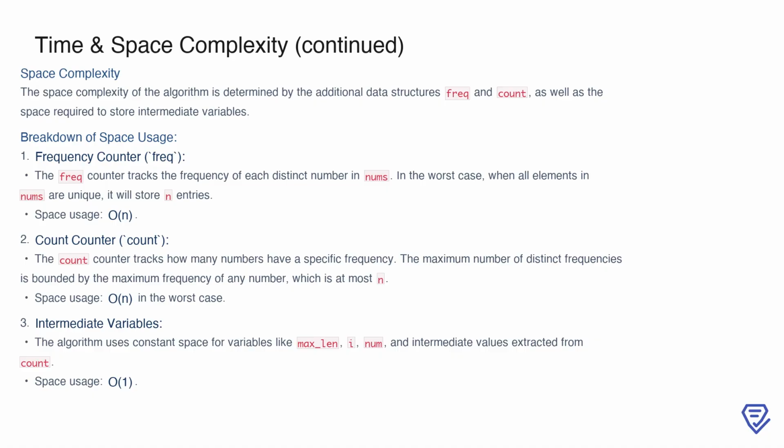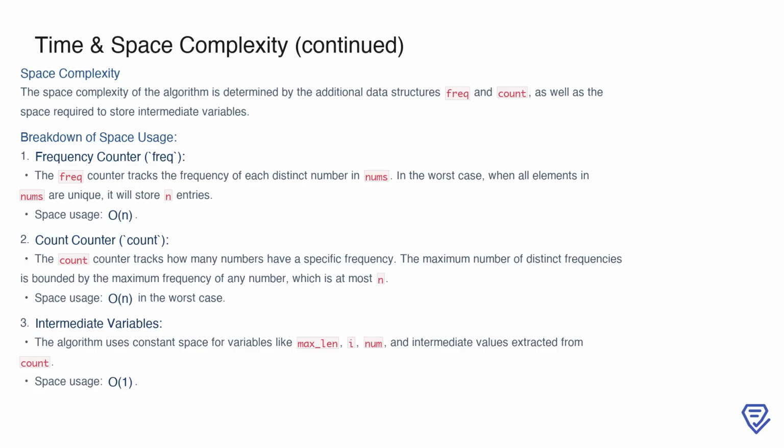The space complexity of the algorithm is governed by the additional data structures used, specifically the frequency and count dictionaries. The frequency dictionary tracks the frequency of each distinct number in the array. In the worst case, where all elements in the array are unique, frequency will contain n entries, leading to a space usage of O(n). Similarly, the count dictionary tracks how many numbers share the same frequency.